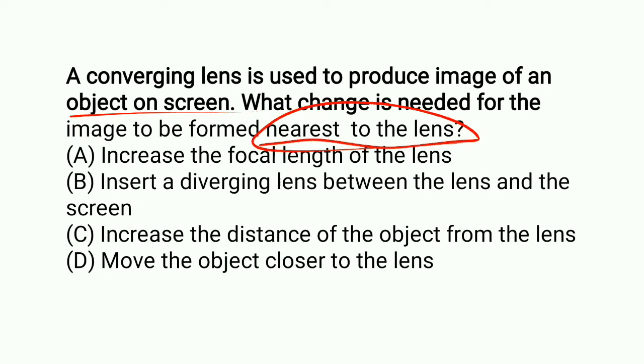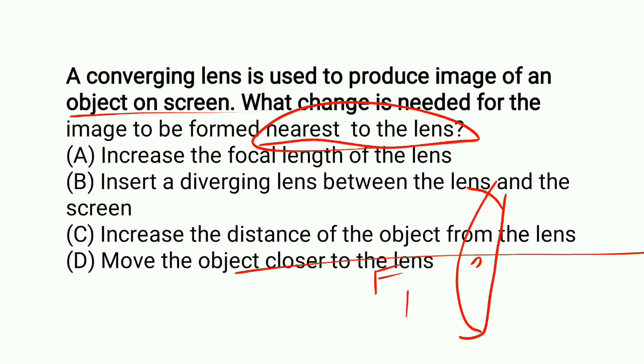Let us show you the diagram. This is the converging lens, the convex lens, this is the optic center, this is focus 1, this is focus 2, this is center of curvature 1, this is center of curvature 2, okay.